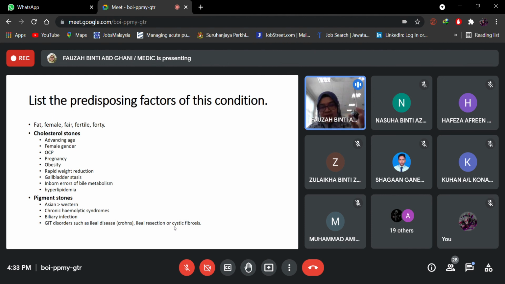Lithiasis is stone, so stone dekat dalam bile duct. So not just presence of cholelithiasis, but also secondary infection because of the stasis of the flow. Okay, so leading to cholangitis. Faham ke? Faham doktor. Okay. Alright, good. Anyone wants to add to Cohen?